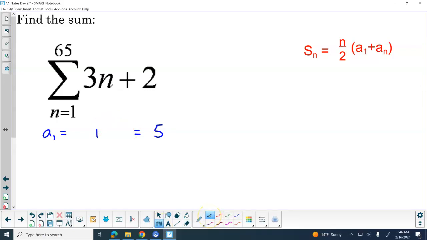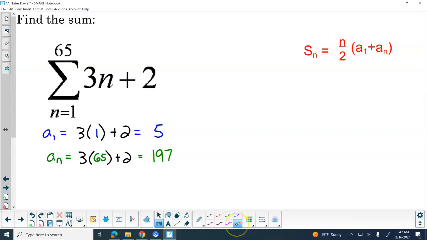It pops more. How do I find my last term? Plug the top number into my rule. 3 times 65, 195, plus 2, 197.